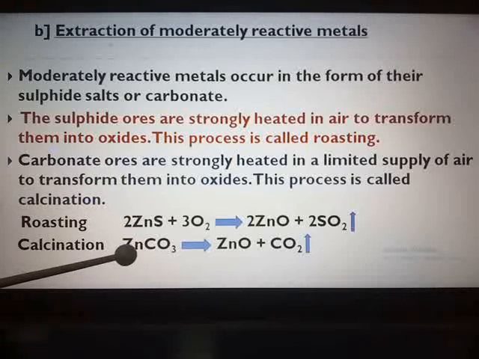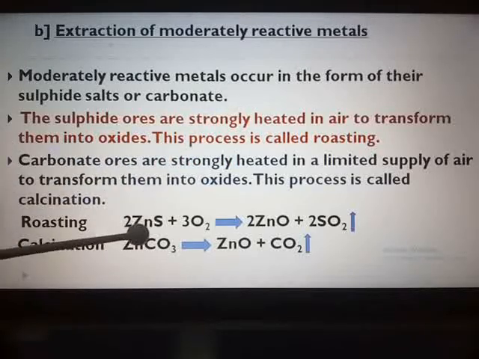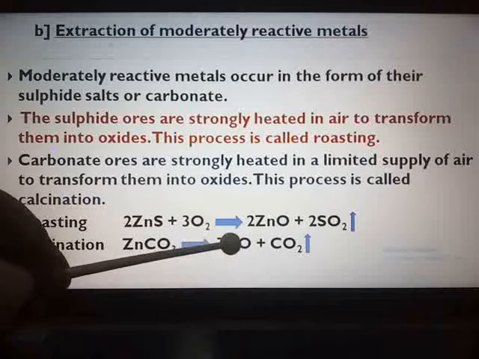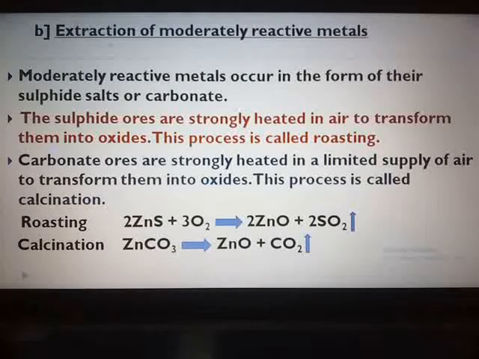Carbonate ores, if you strongly heat them in a limited supply of air, will get decomposed into zinc oxide with the liberation of carbon dioxide gas. So here you are transforming the sulfide ores and the carbonate ores into their oxide forms.